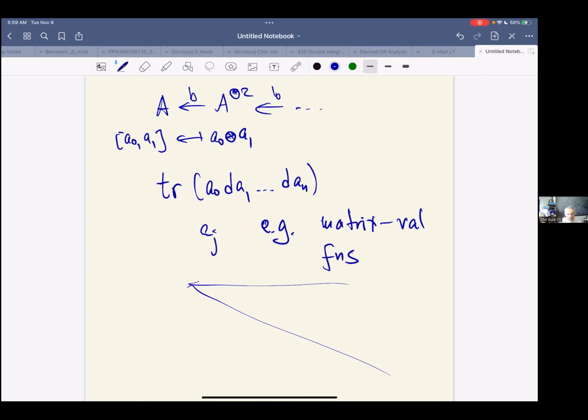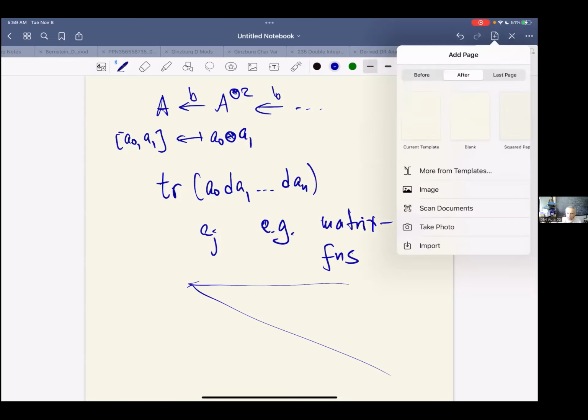So you meant that you take the kernel of the first map that comes out of DR. Because in the first row you had DR, right?